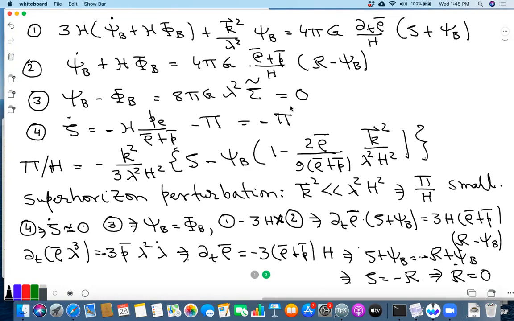Any other question? It might not be relevant, but is there a reason why these equations are first order in time derivative? Basically, we have combined things to make them first order.